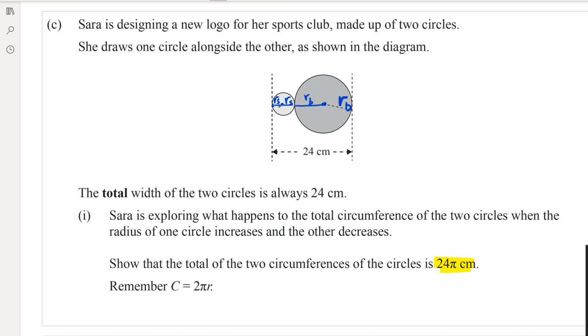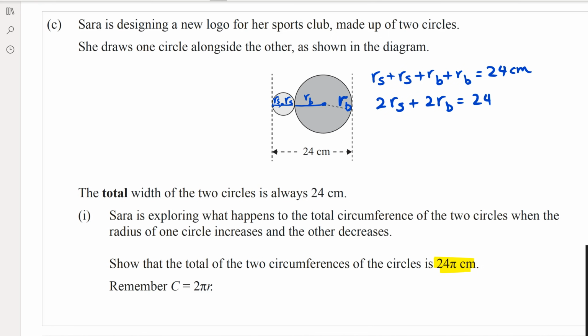So what you literally have is RS plus RS plus RB plus RB. The whole thing is equal to 24 centimeters, because both the radius for the small circle plus both the radius for the big circle equals 24 centimeters. So I can rewrite this as 2RS plus 2RB equals 24.